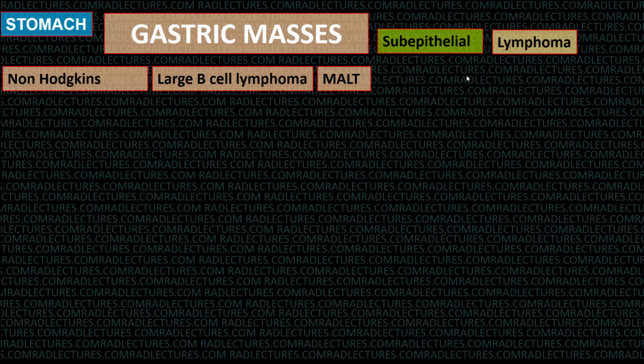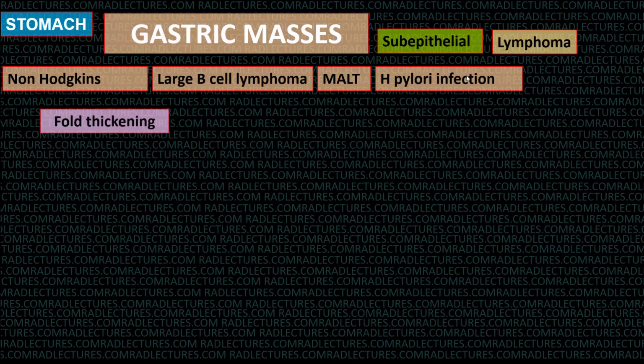And primary lymphoma in the stomach has an association with H. pylori infection. We know that H. pylori can cause gastritis. We know that it can cause duodenal ulcers, but it can also cause lymphoma. So H. pylori infection is something that the gastroenterologists are always looking for, and they treat it actively.